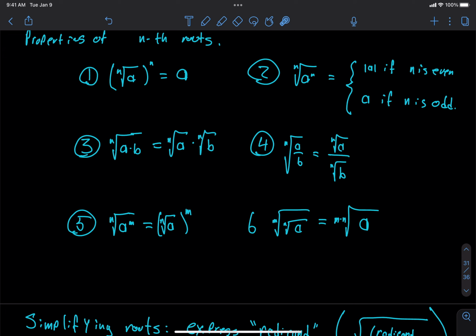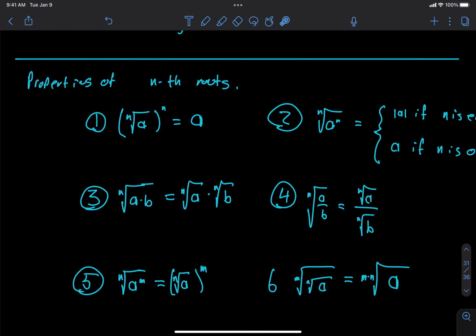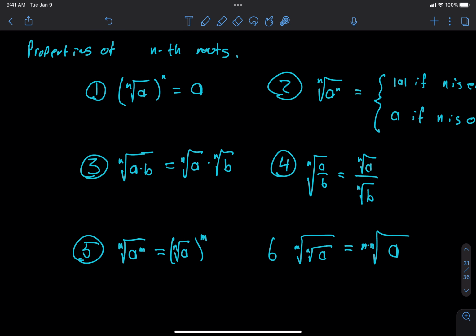Provided that you can actually take this nth root, i.e. a should be positive or negative if n is odd. Actually, this is true for principal nth roots.